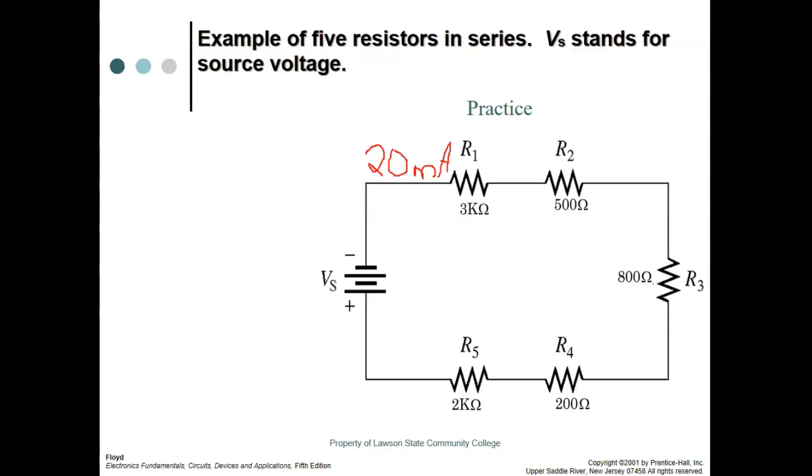Now, how can I check my answers? You add them up and you see if they equal your total voltage. Everybody following me so far? So I can literally add 60 plus 40, that would give me 100. And then I've got 16 plus 4, that's 20, so you're at 120. Add 10, you're at 130.